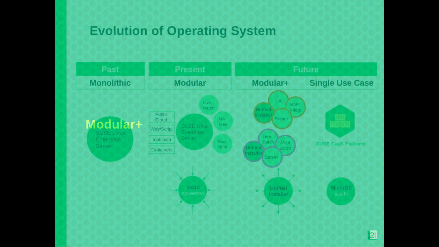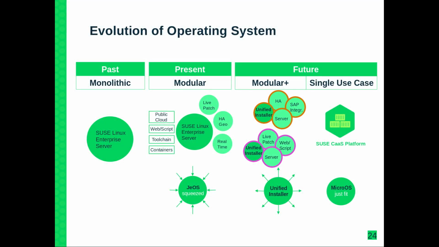We've been using various modules to define our operating systems for a while now. As we have moved from SUSE Linux Enterprise Server 12 to SUSE Linux Enterprise 15, we have modified that approach.